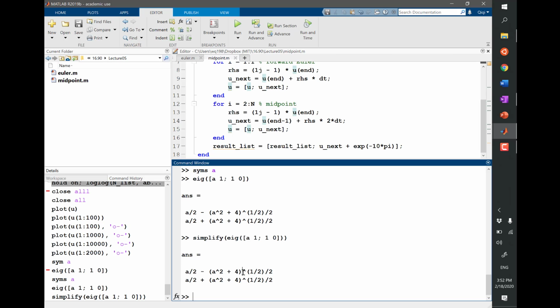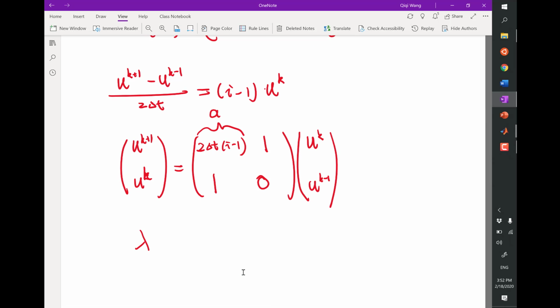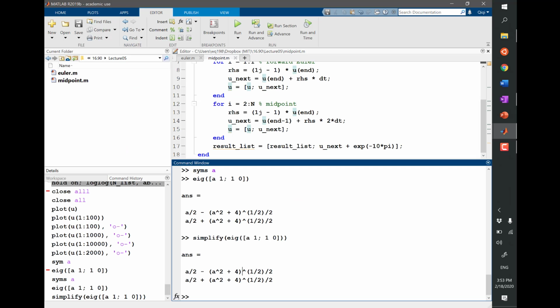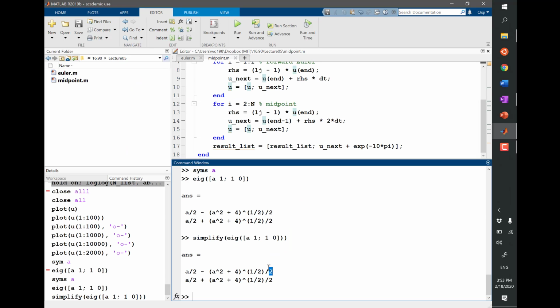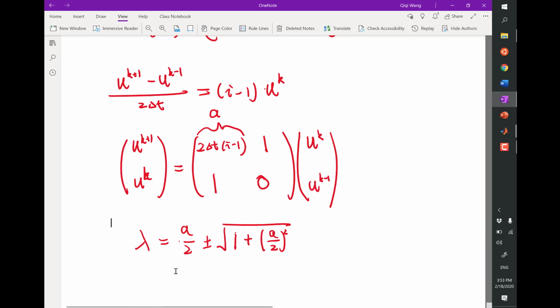If I write it down, the eigenvalues are equal to half of A plus or minus the square root of, inside the square root, 1 plus half of A squared. That's what the formula is. I'm trying to simplify it, but it seems MATLAB thinks this is simpler than what I wrote. Basically, these are the lambdas.